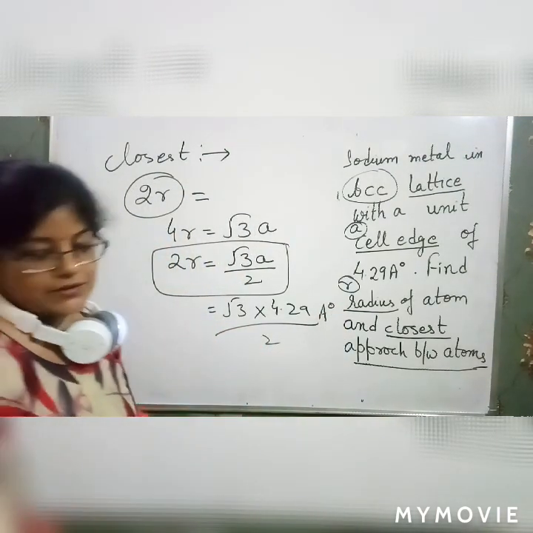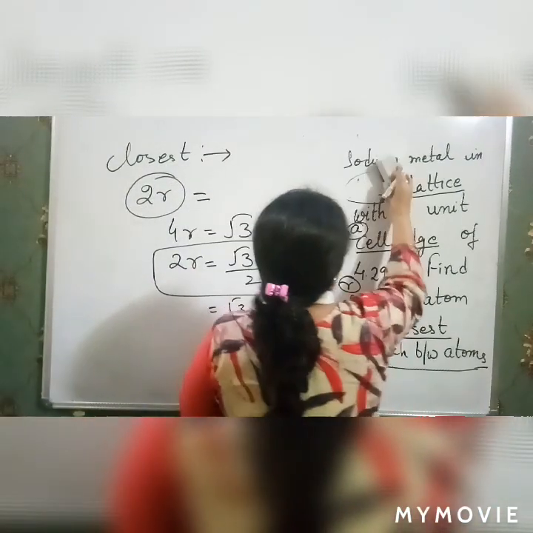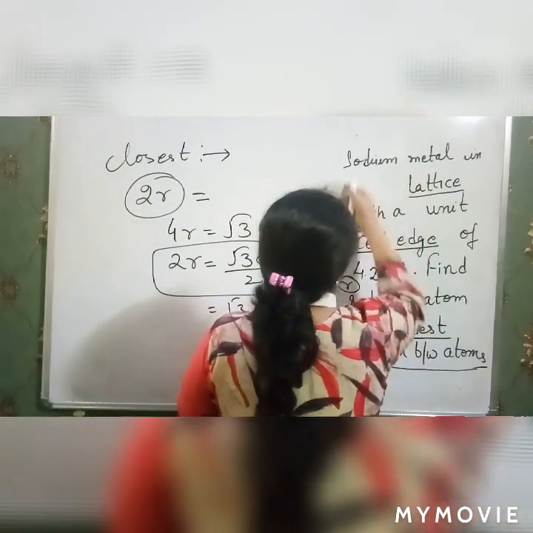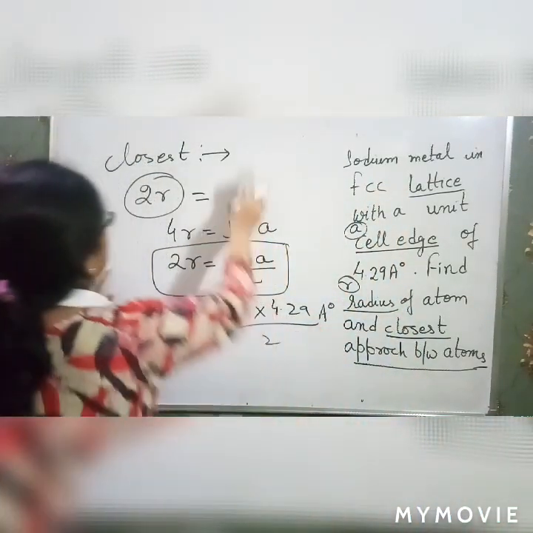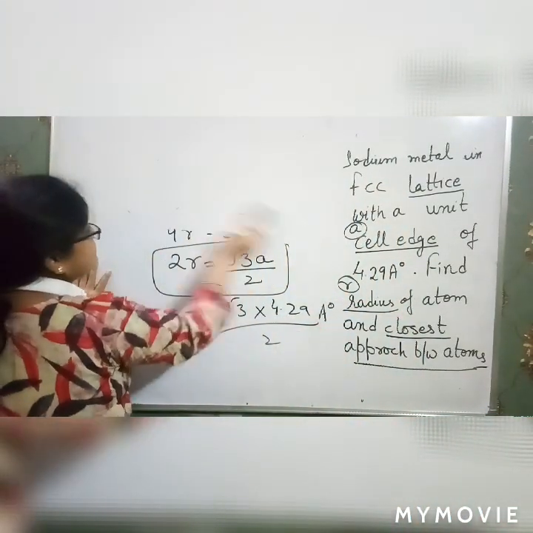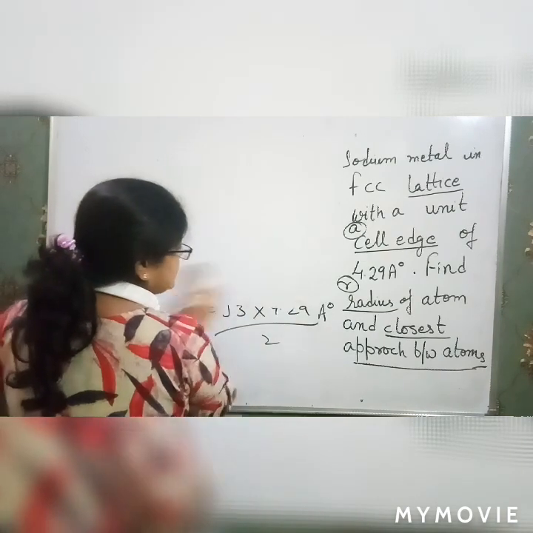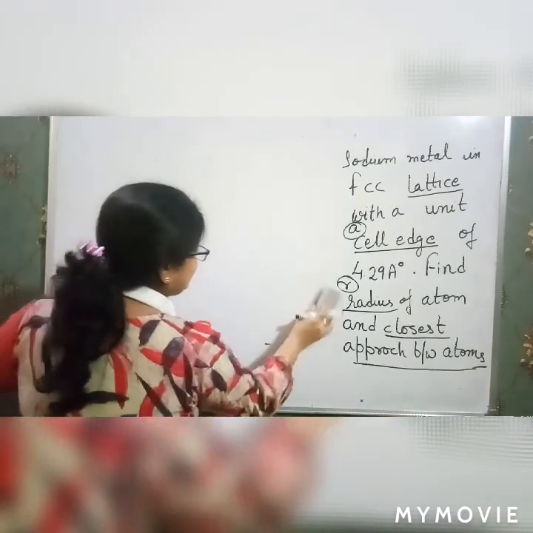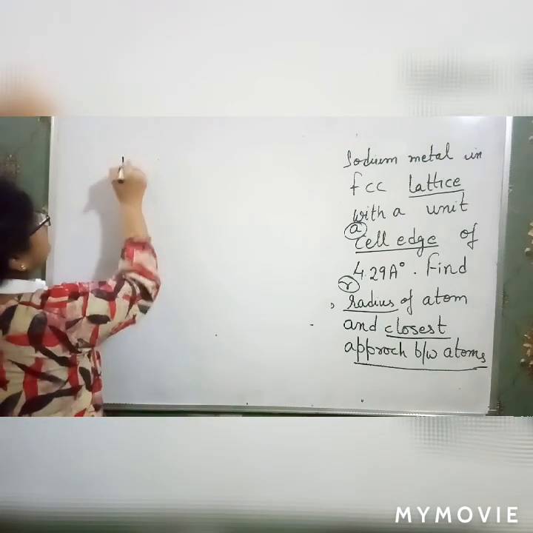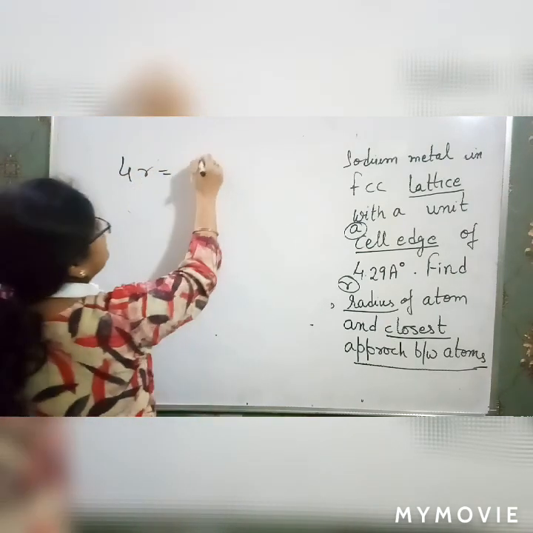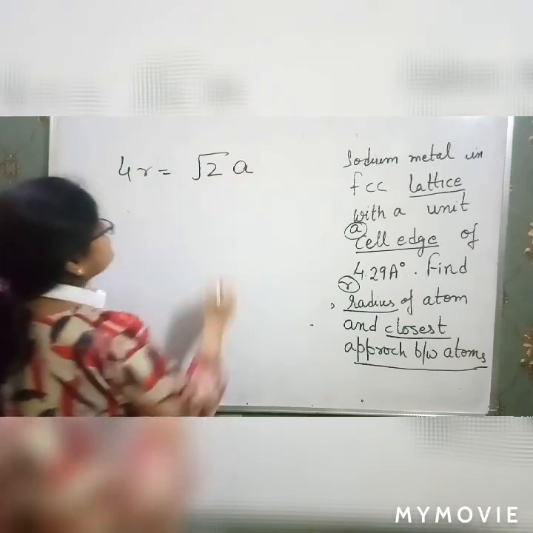And the same process, if it is given that here it is an FCC lattice, then what will you do? In FCC lattice, we just change the formula and you will easily get the answer. In FCC lattice, as we know, 4r is equal to under root 2 a.